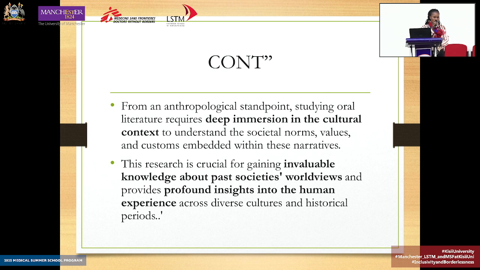You learn about the histories of these people, how they talk about NCDs, and do they have other measures or other management tools of these NCDs. So when we talk about oral narratives, this is where we focus on the cultural aspects. You become part of that culture. If you want to do a research in Kisii, you'll have to live in this county, because there are those taboos, there are those beliefs that are surrounding these NCDs.